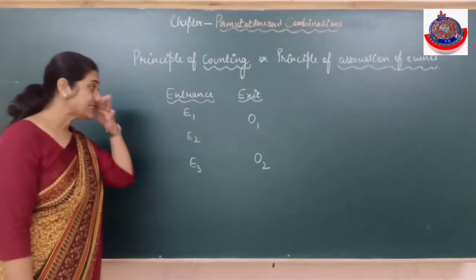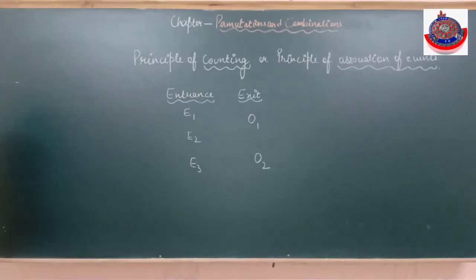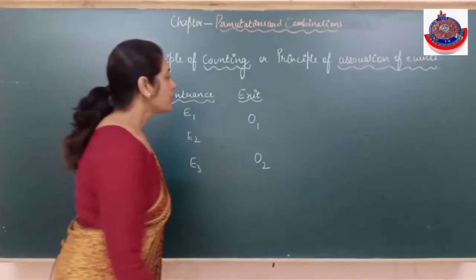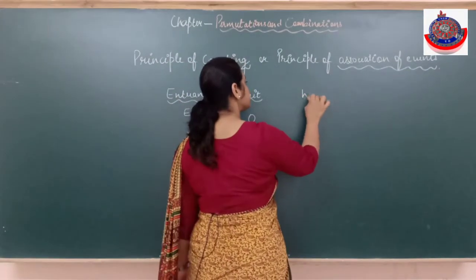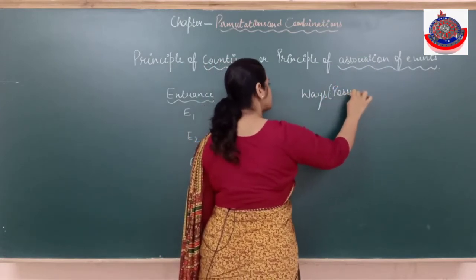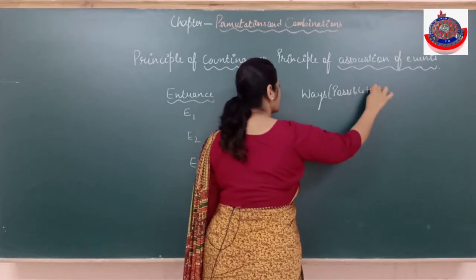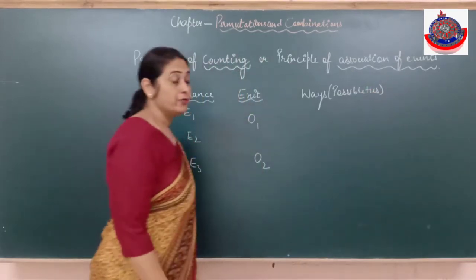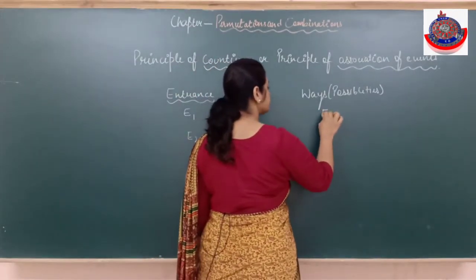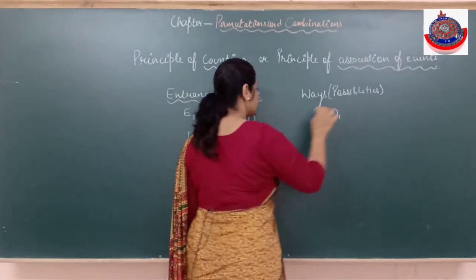Now my question is, in how many ways can I enter and exit from the park? Is it clear? So, what are the possibilities? The ways or the possibilities can be: I enter by gate 1 and exit by outlet 1.